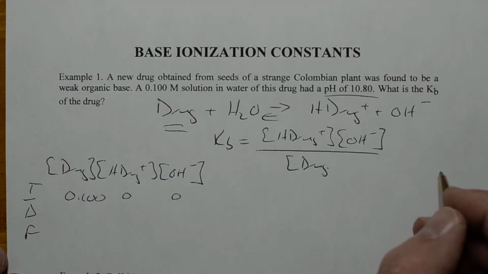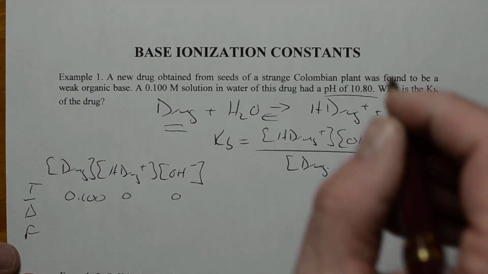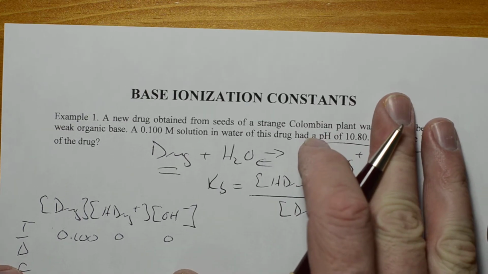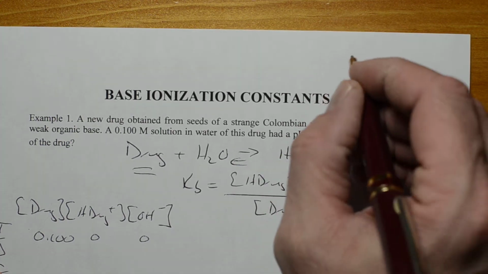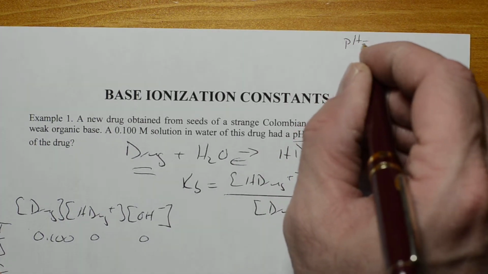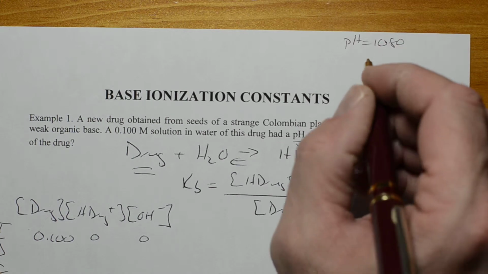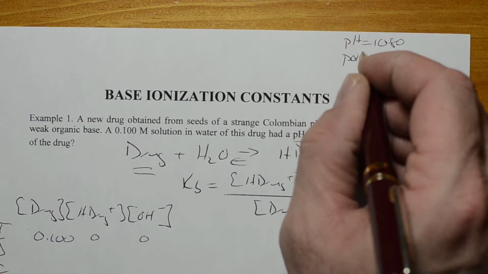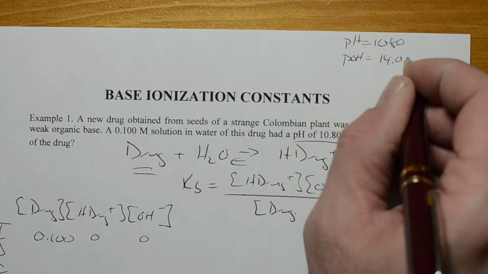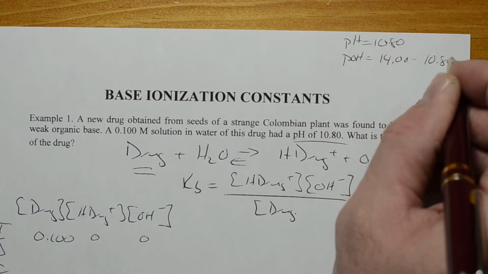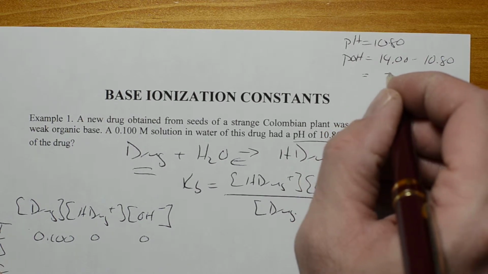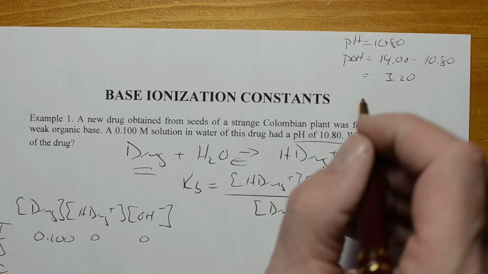There's a number of different ways that we could do this. I might just go back up to the top of the page. Our pH is 10.80, so the pOH will equal 14 minus 10.80, which is equal to 3.20.